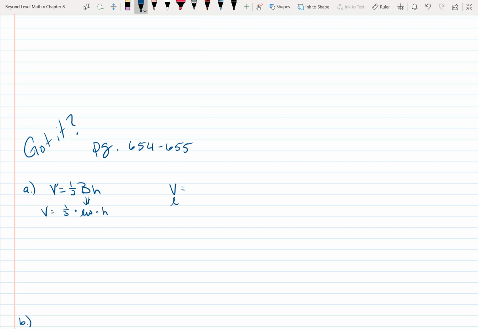So V equals length, width, height. I don't know my B, so I'm going to leave it blank. It says height of 9 centimeters, rectangular base with a length of 7, width of 3. Length is 7, times 3 is 21.